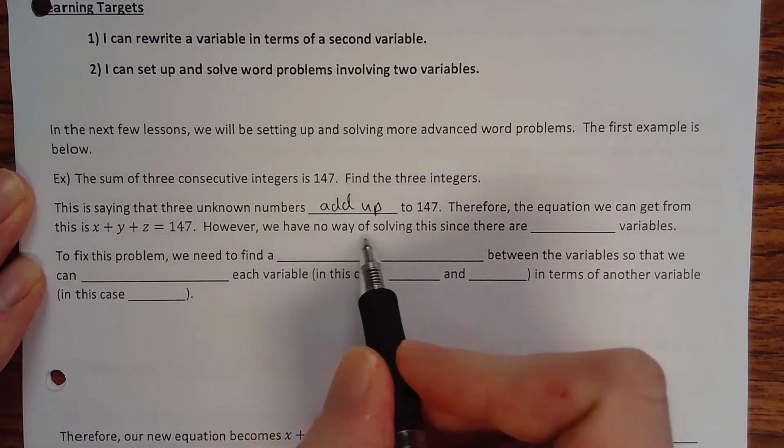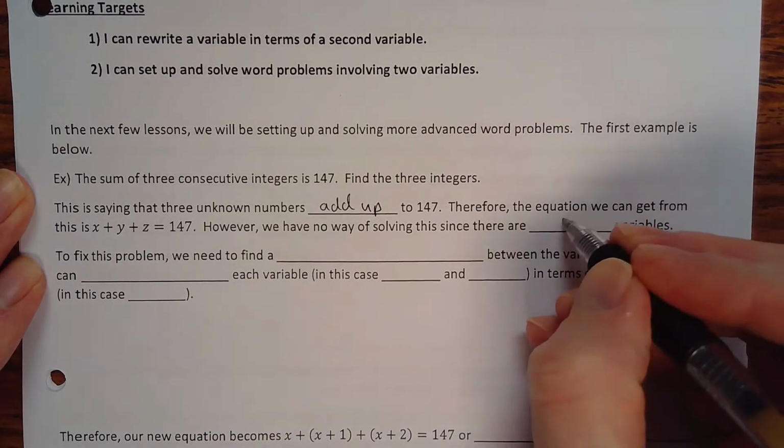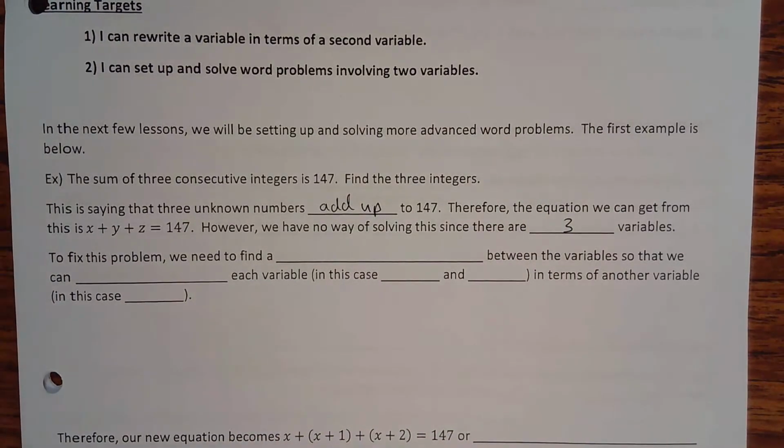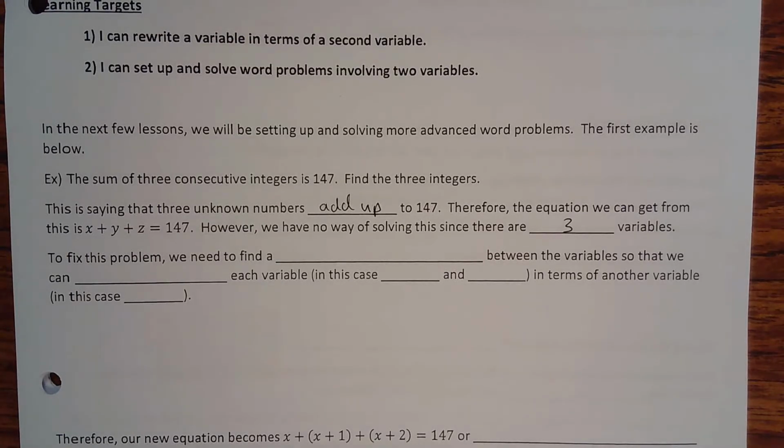However, we have no way of solving this since there are 3 variables. We need it to be one variable. If you have one variable, you can isolate it and find out what it equals. But if there's 3 variables, we learned a couple of lessons ago, we could get a variable by itself, but it would equal other variables. We want the number.